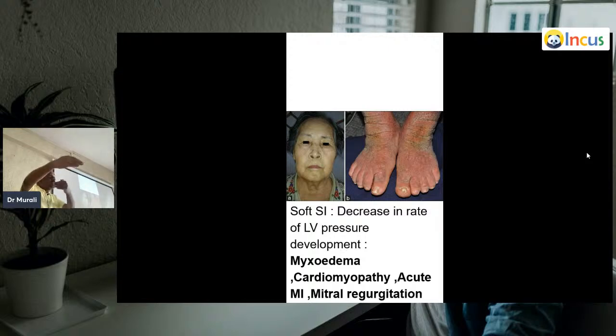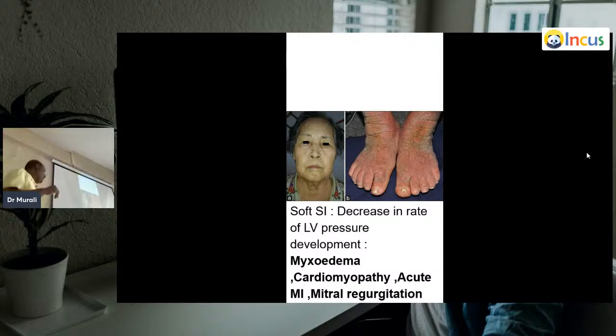And the point at which this crossover happens, where ventricular pressure is high and atrial pressure is low, that pressure crossover point decides how loud you hear it.